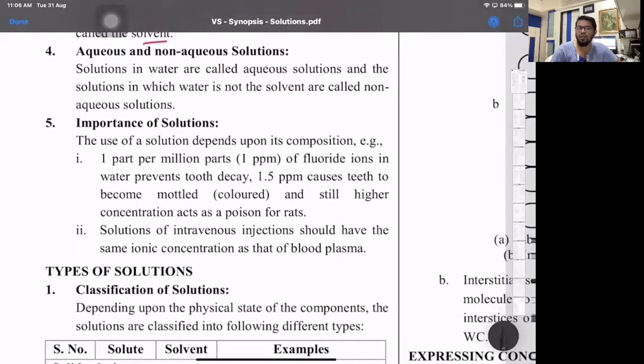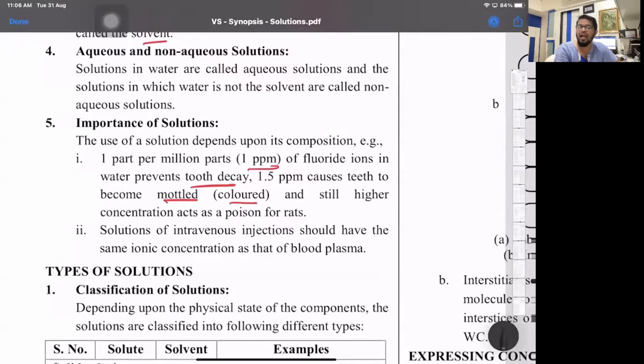Now we will talk about the concentrations we have. 1 ppm, that's parts per million. Is this clear? When fluoride is added to a toothpaste at this level, it prevents tooth decay of the enamel. 1.5 ppm, that is, more than 1 ppm of fluoride ions, causes mottling of teeth. Mottle means yellow spots. It's basically people developing yellow spots on the teeth.